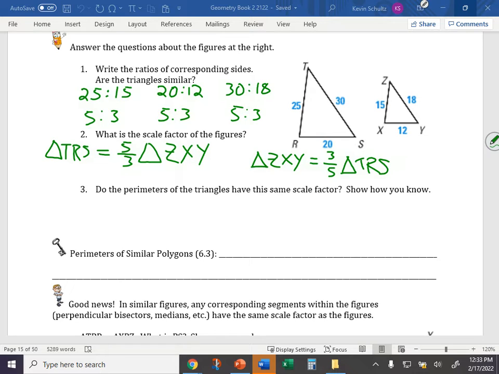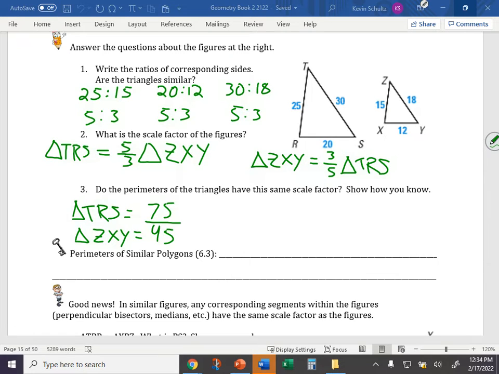Do the perimeters of the triangles have this same scale factor? Show how you know. The perimeter of TRS equals, looks like 75. And the perimeter of triangle ZXY, 45.